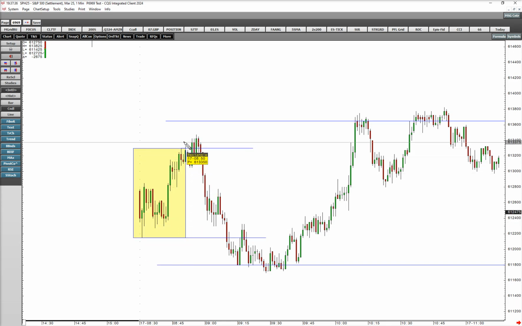And then we're looking at 3.5 points above and 3.5 points below, and we're trying to see if the market goes and establishes itself above this level, which is called A up, or this level, which would be called A down.